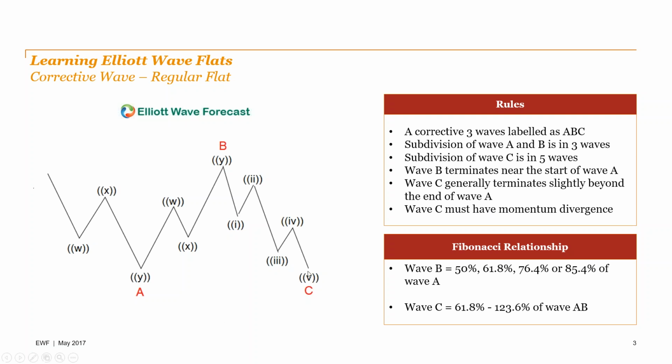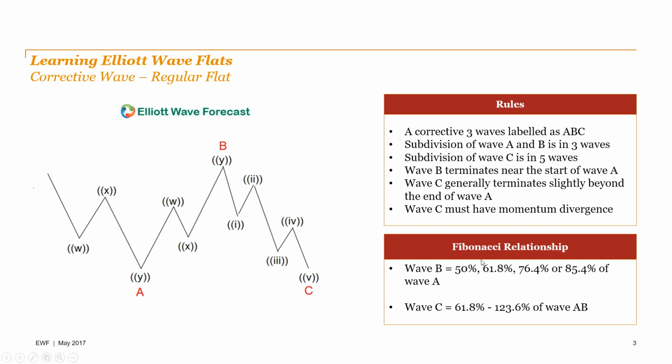So at the end of the C, you should be able to see the RSI not making a new low. So the price makes a new low, the C goes below A, but the RSI is not making a new low. Yeah, and the MACD is also all right. You can use MACD, you can use RSI, whatever momentum indicator you're using.